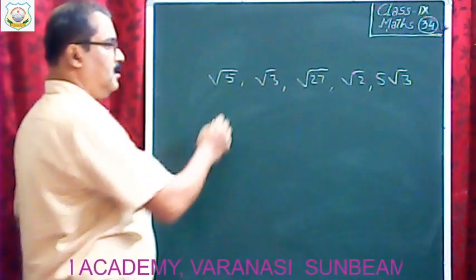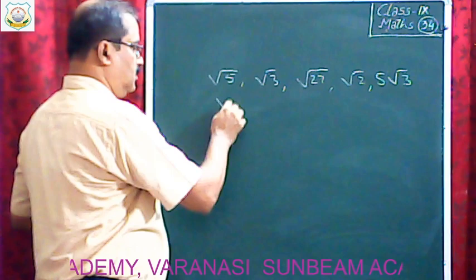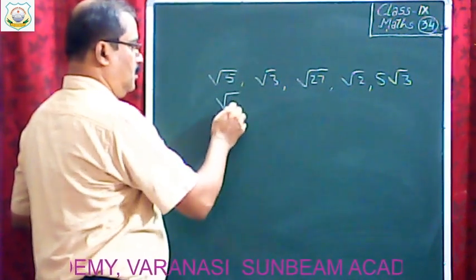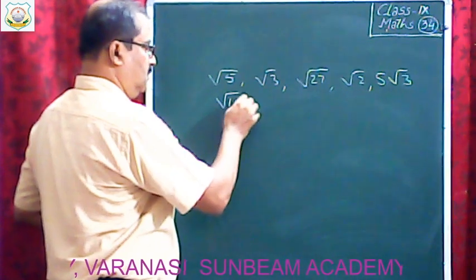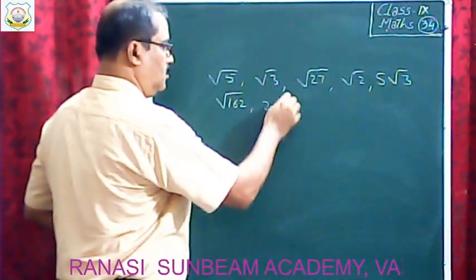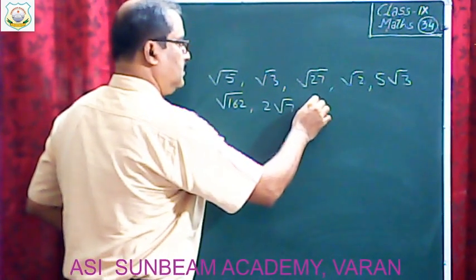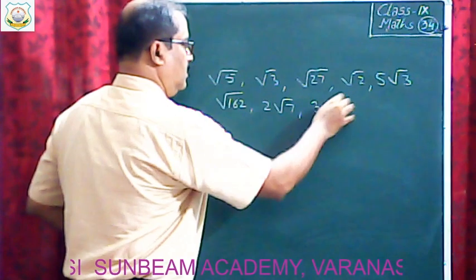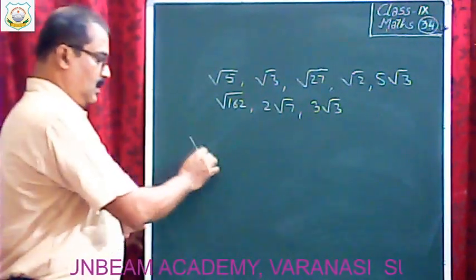Let's see some more numbers: square root 162, square root 7, cube root 3, square root 3. Okay, so first of all, you know the symbol.